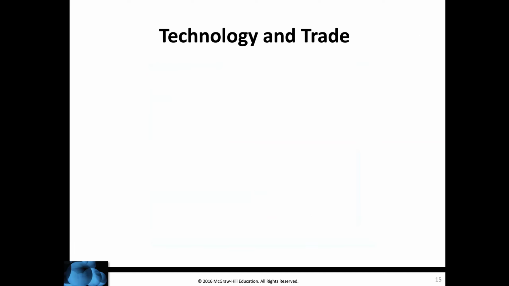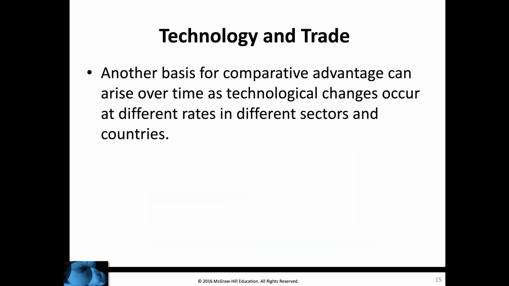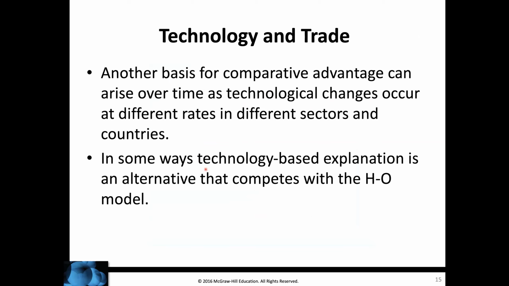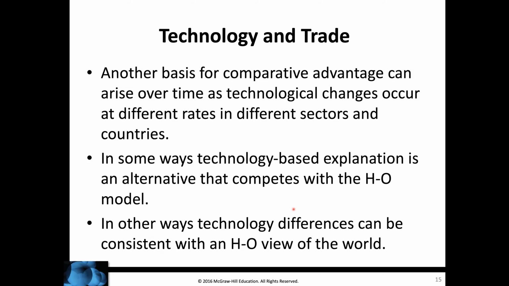Next concept is technology and trade. Another basis for comparative advantage can arise over time as technological changes occur at different rates in different sectors and countries. So in some ways, the technology-based explanation is an alternative that competes with the HO model, the Heckscher-Ohlin model that we talked about before.